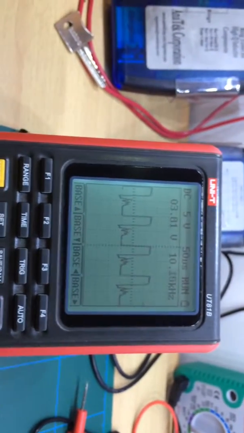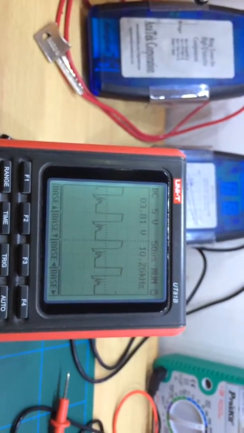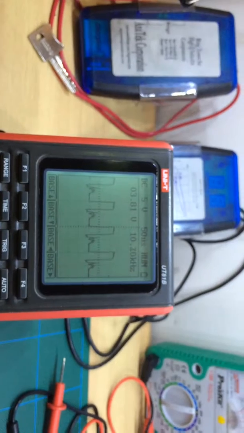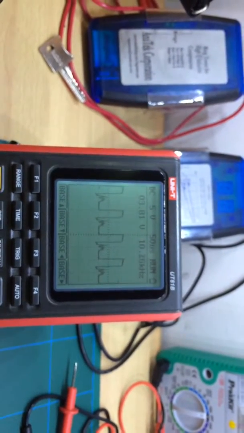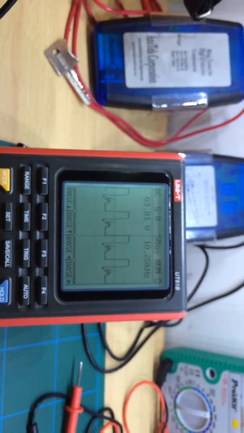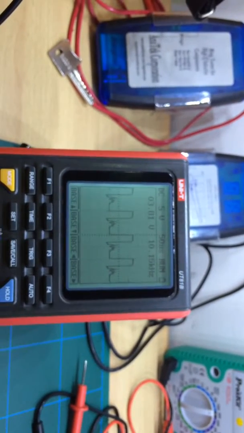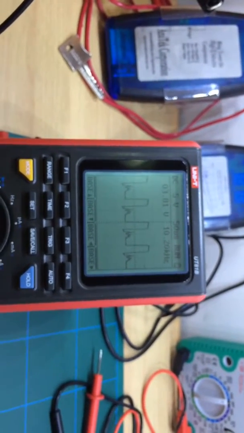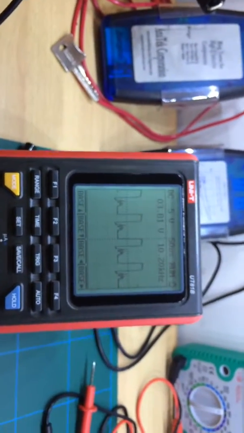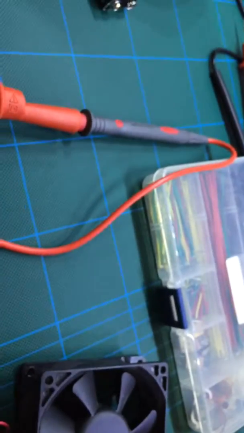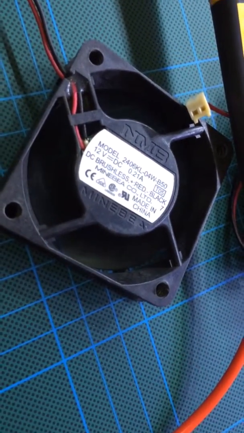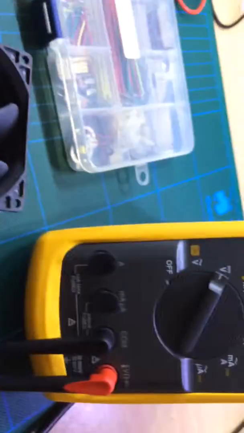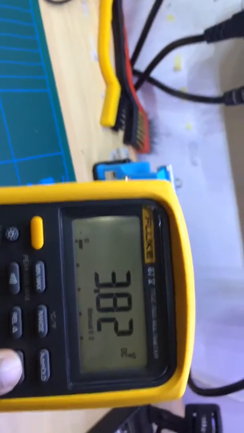You can see here it's 3 volt, and my PWM signal, positive signal, duty cycle is most of the time off, and the effect on the fan is that it's spinning really slower. And if I want to check my voltage also here, 3.8 volt.